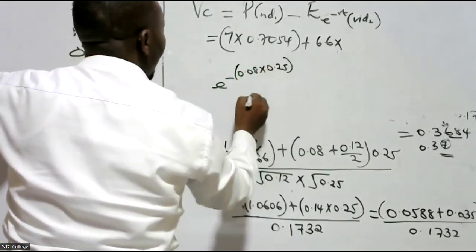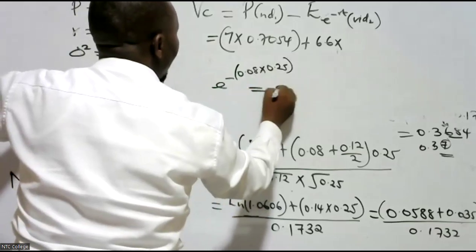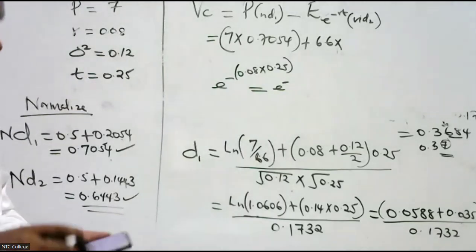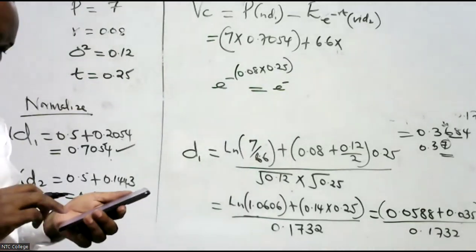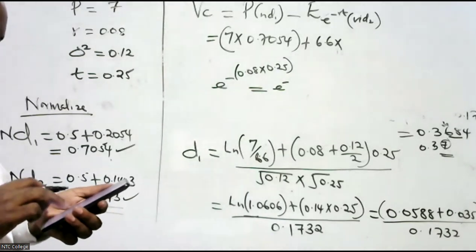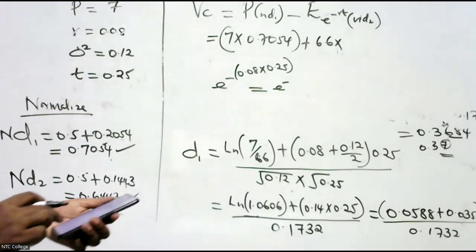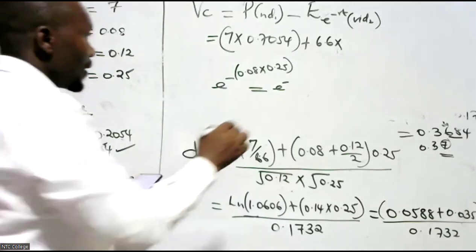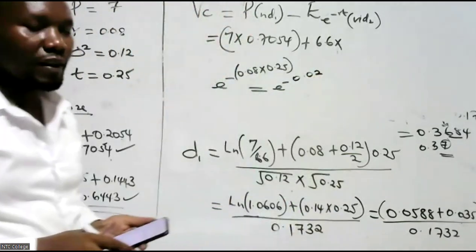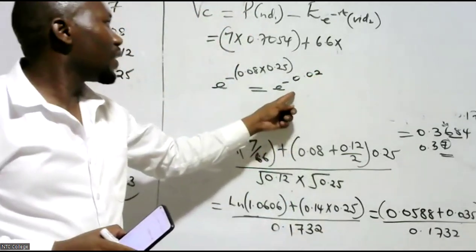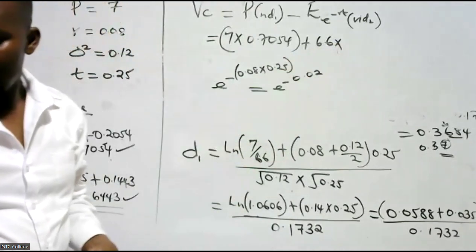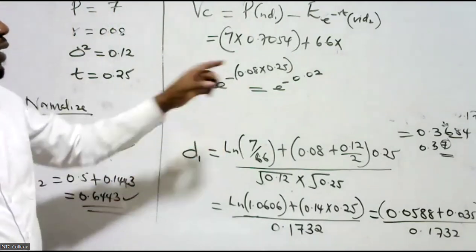What do you get? This one is equal to Euler's constant of negative 0.08 times 0.25, so it is negative 0.02. Can you get me that figure? Ruth, get me this figure. Wake up. E shift E that one, negative.